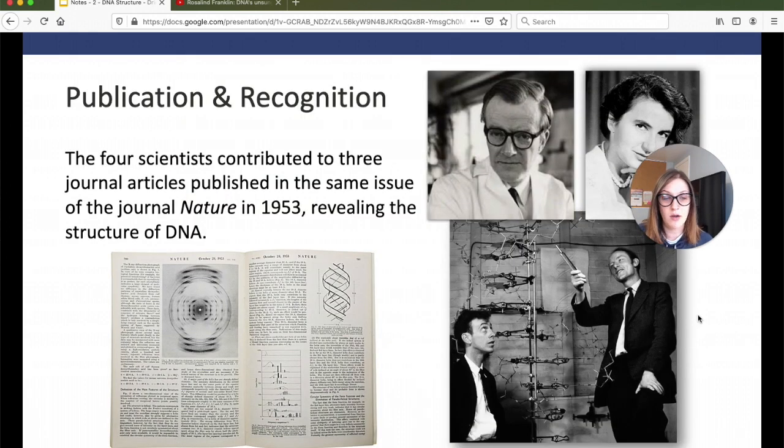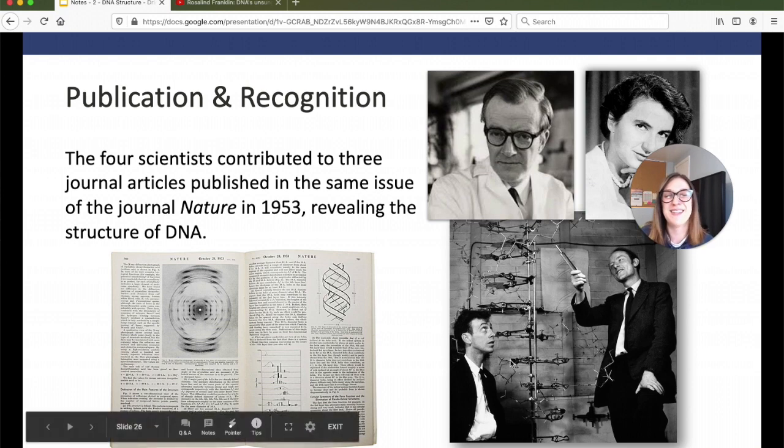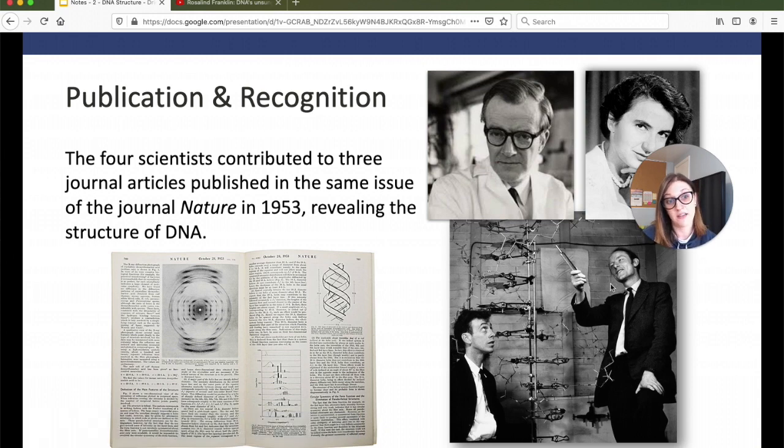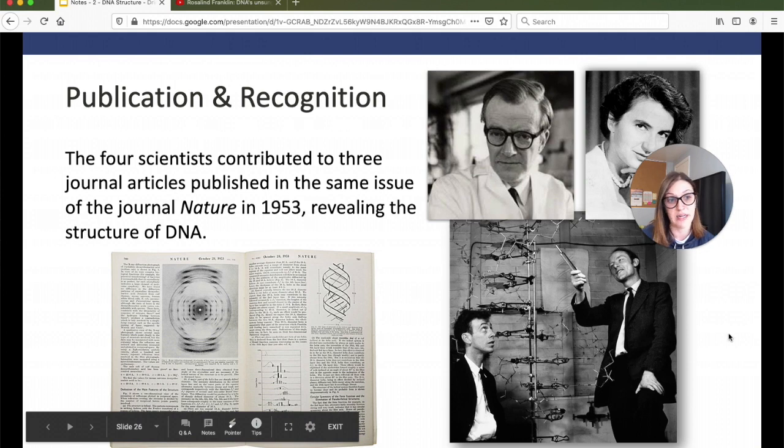All right, so the four scientists all agreed to publish their research together in the same Nature journal in 1953. Watson and Crick's article was first in the sequence of the articles published, and Maurice Wilkins and Rosalind Franklin's were in order after, and they basically provided the supporting data to support their theory.